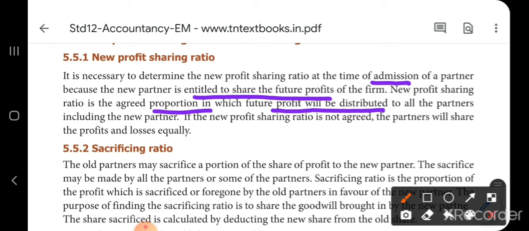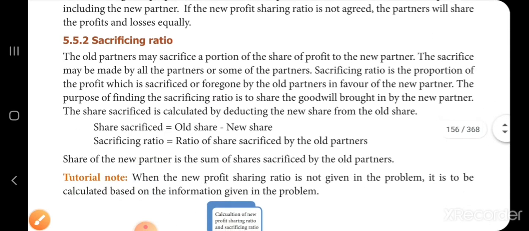If the new profit sharing ratio is not agreed, the partners will share the profits and loss equally. So if the new profit sharing ratio is not mentioned in the agreement, then all the partners will share the profits equally.